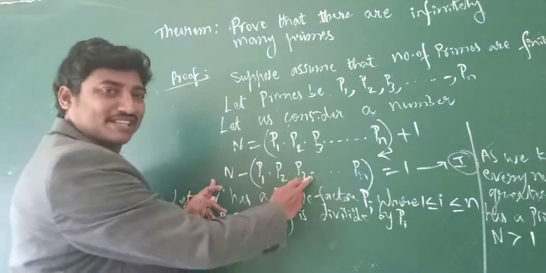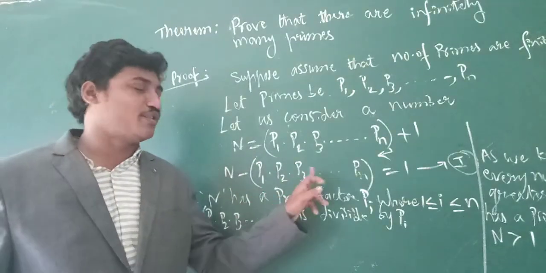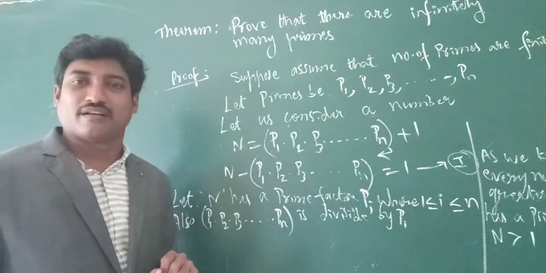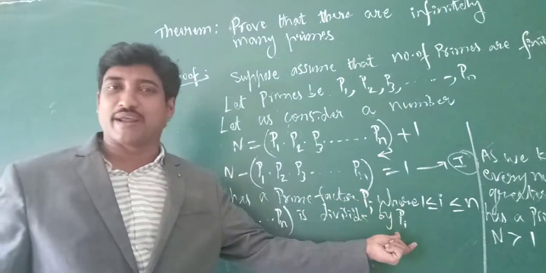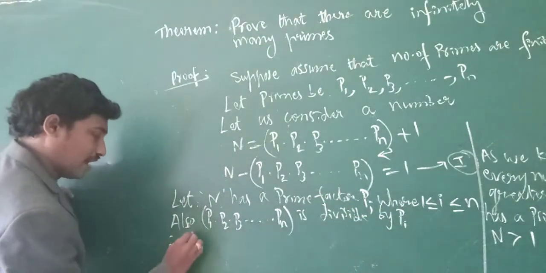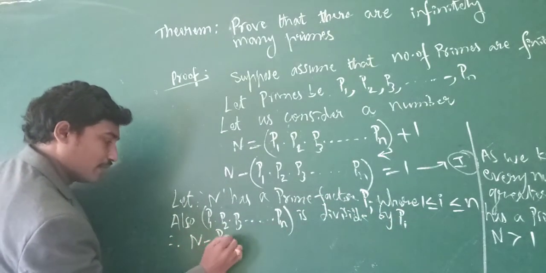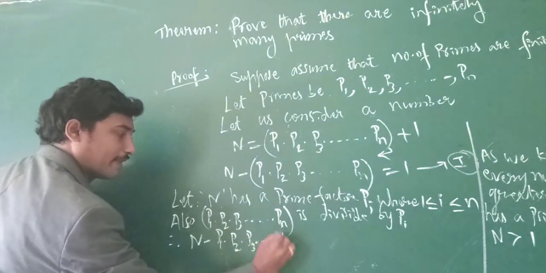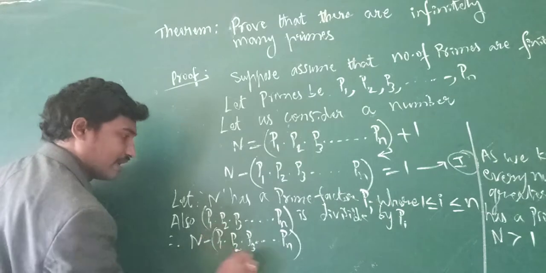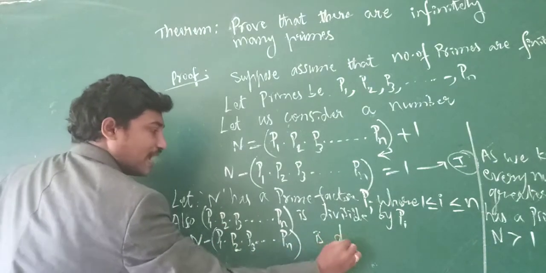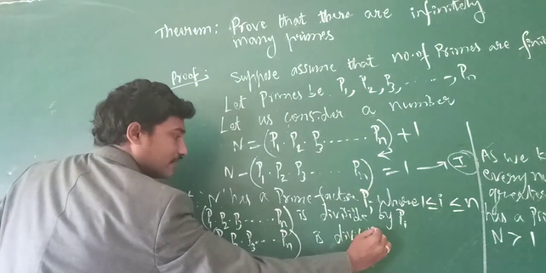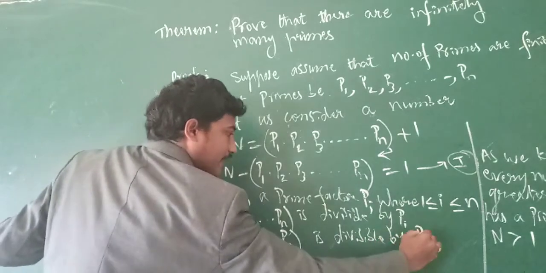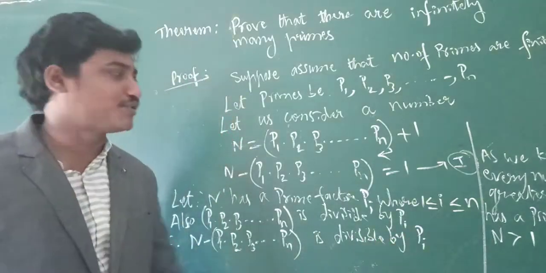So this difference, N minus P1 into P2 into P3 and so on Pn, should be divisible by Pi.